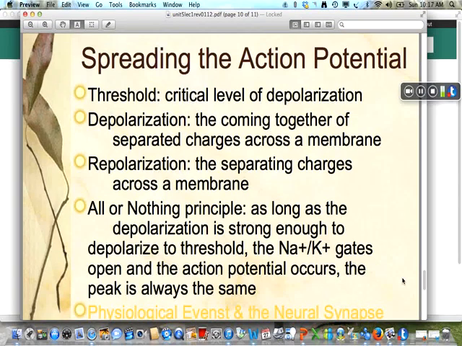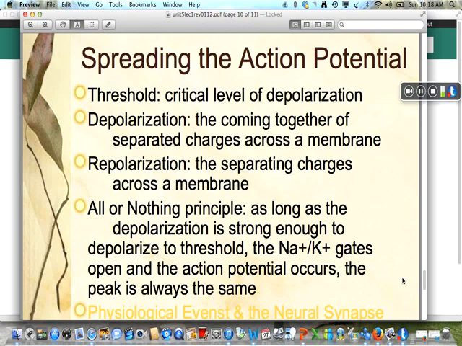So one of the things I want you to think about is, if depolarization is always going to occur all the way, you have this all or none principle, what would cause you to have only part of a nerve signal be transmitted? So I want you to think about, why would you have numbness or tingling in there, or only part of the message getting through?